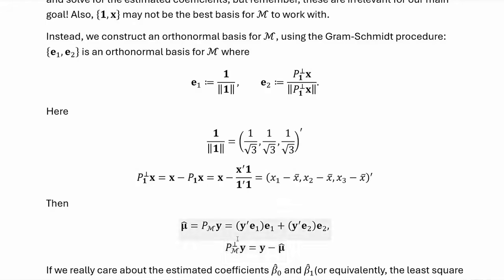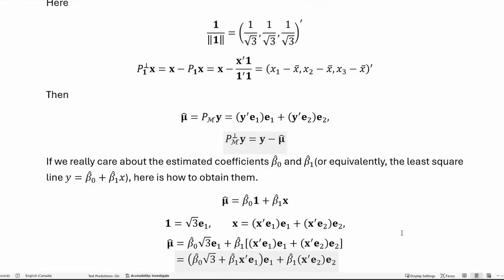And we needed its squared length in the calculation of the F statistic as well. If we really care about the estimated coefficients beta naught and beta 1, let's be honest, they're easier to interpret, but it's no problem. We can recover these coefficients quite nicely from the orthonormal expansions. We have mu hat equals beta naught hat times 1 plus beta 1 hat times x.